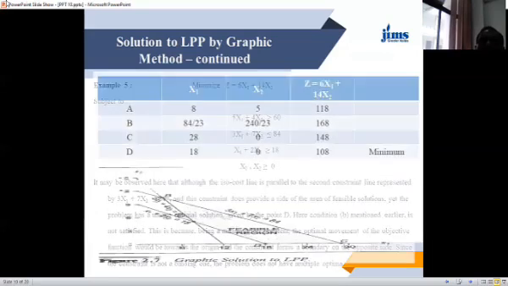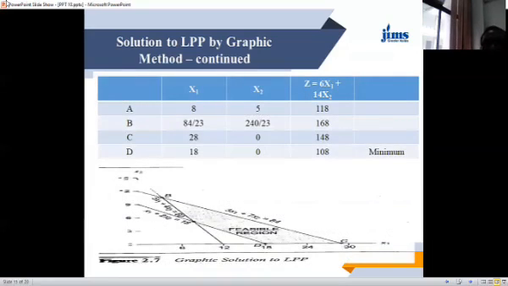So on the graph, we draw (12, 0) and (0, 15).